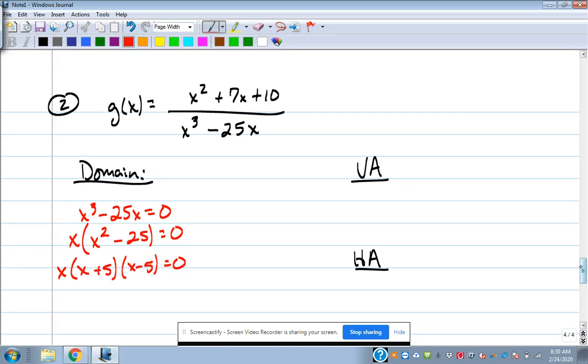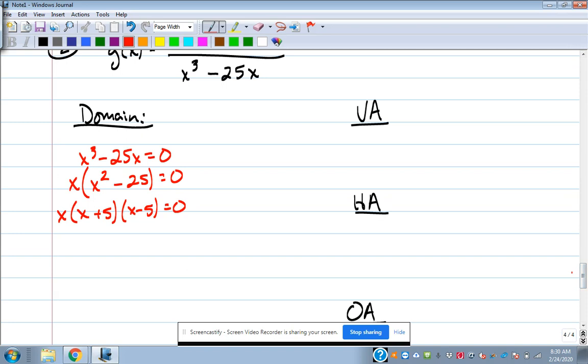So we get 3 numbers that get left out of our domain: x equals 0, x equals negative 5, and x equals positive 5. And I'm fine with you writing it just like that: 0 and plus or minus 5. That's what x cannot equal.